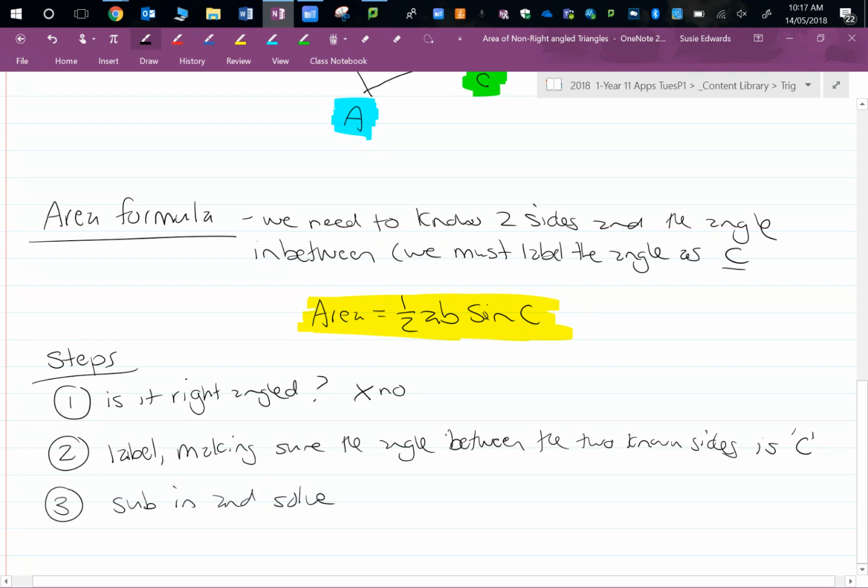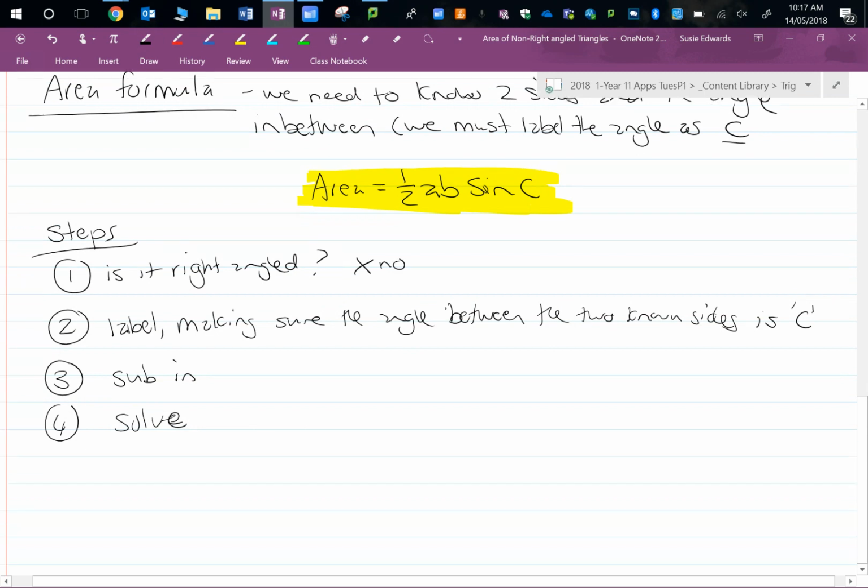Now, sometimes, and we'll do a couple of questions like it, we'll actually give you the area and you need to find the sides or you need to find the angles as well. So it's still exactly the same. It's just that we'd need to solve for one of the other sides.